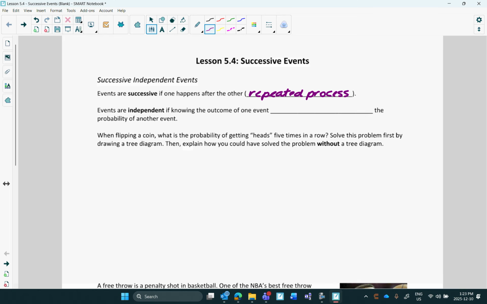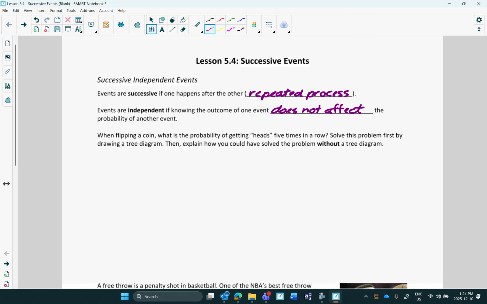Knowing the outcome of one event does not impact the probability of some other event. For example, if you flip a coin and then roll a die, those events are independent, because whatever you get on the die does not depend on what happened on the coin flip.